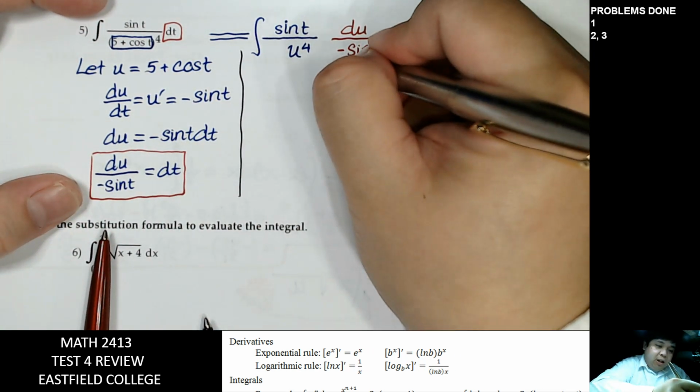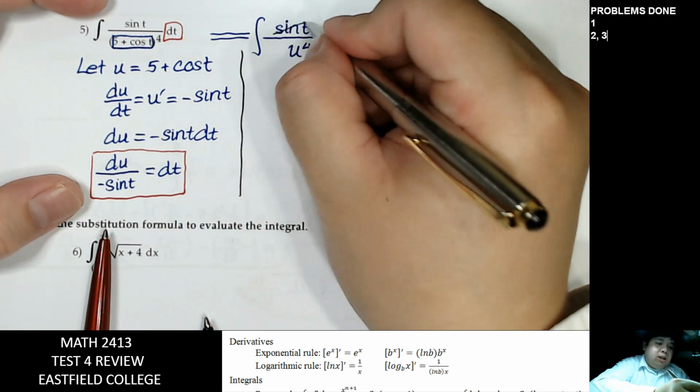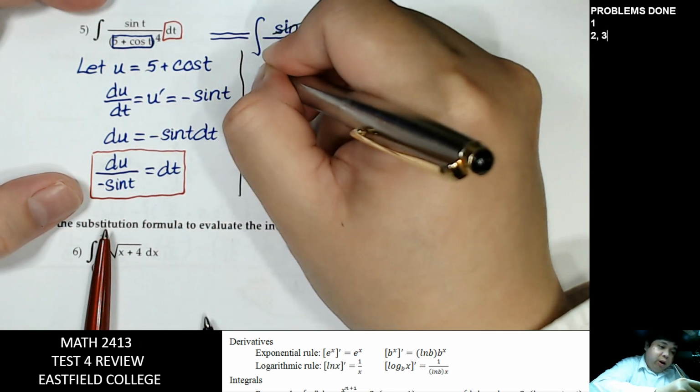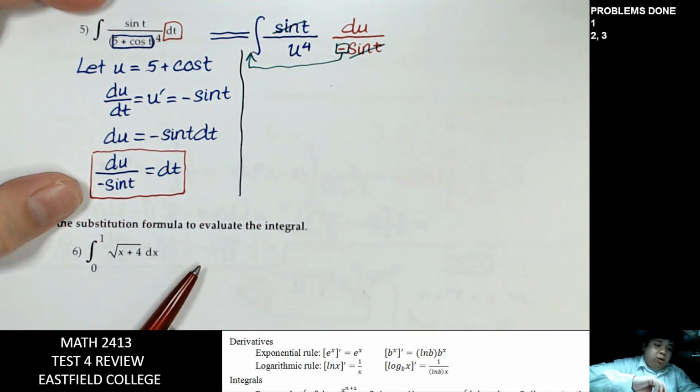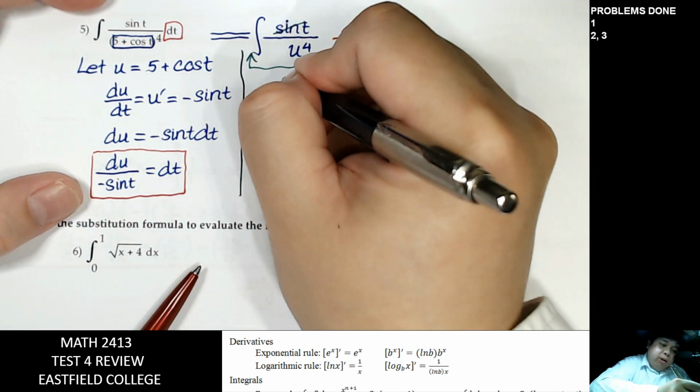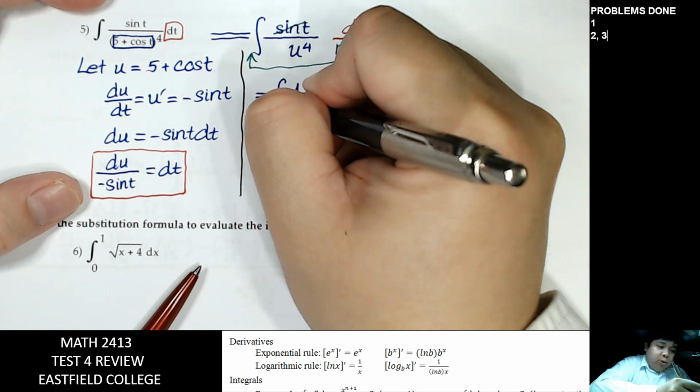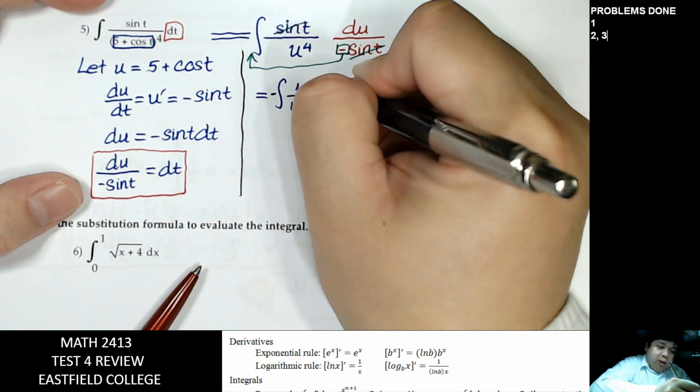The sine t cancels with sine t. The negative sign here we still bring in front of the integral. So we will have negative 1 over u to the 4th du.